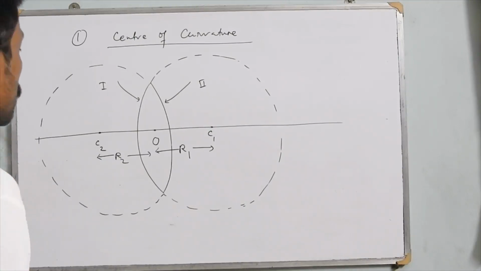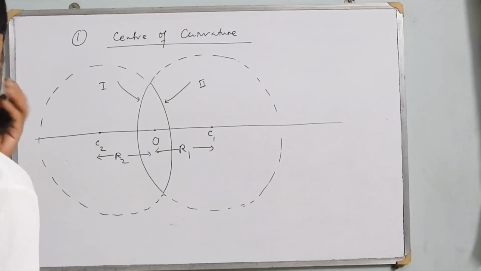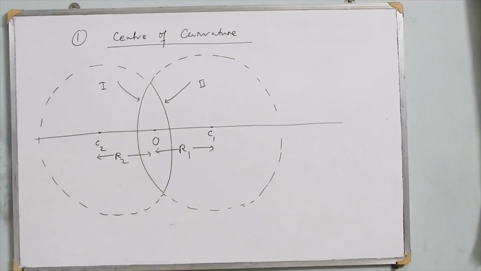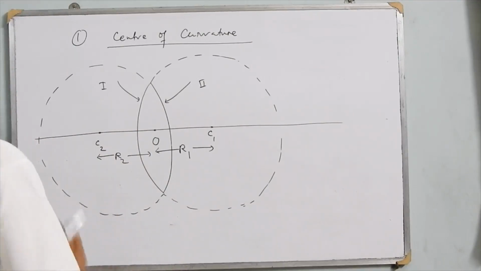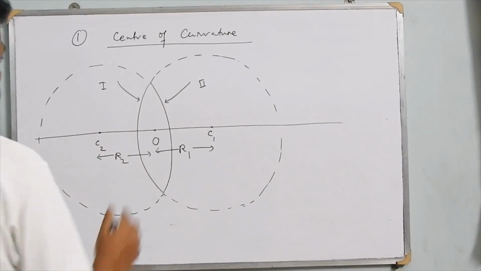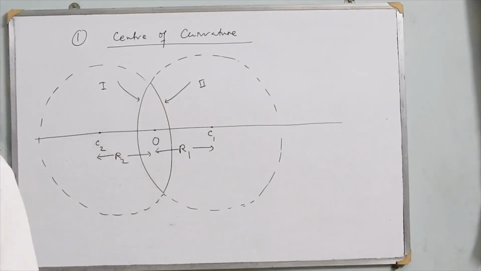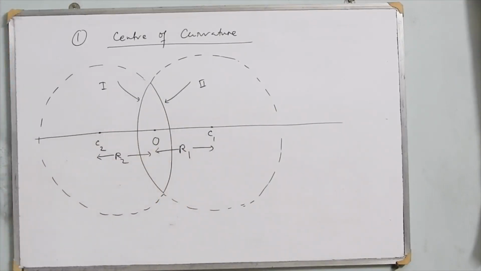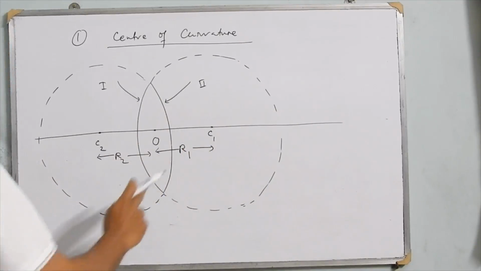So if we are considering thin lenses, then the optical center has a different meaning than if you consider lenses to be thick lenses. For the time being, if I consider a thin lens, then with respect to the thin lens, the distance of the center of curvature from the optical center will be called the radius of curvature.